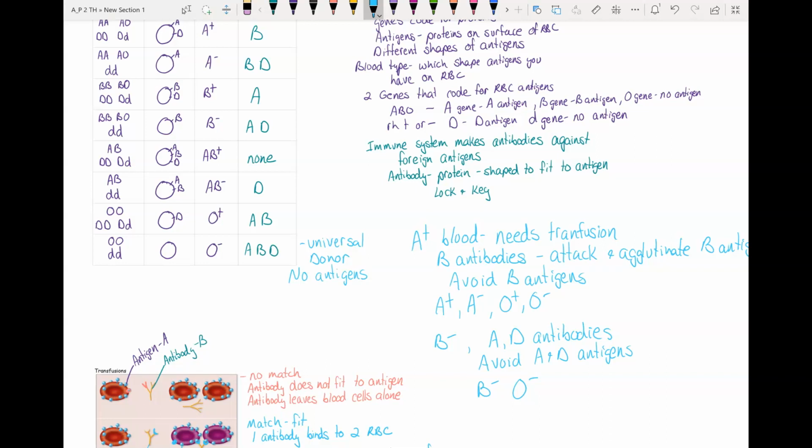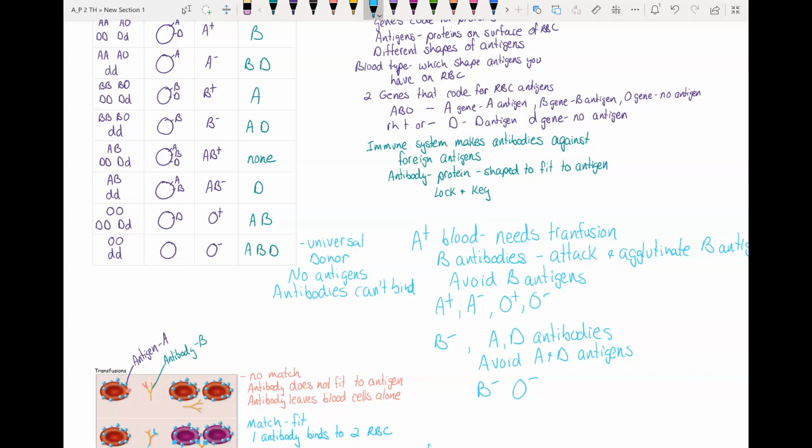Well, if you have no antigens, there's nothing for an antibody to bind to. So it doesn't matter what kind of antibody the recipient has, they can't bind to a blood cell if there's no antigens on it. So antibodies cannot bind. So O negative blood will not agglutinate. There's nothing for the antibodies to stick to cause agglutination.